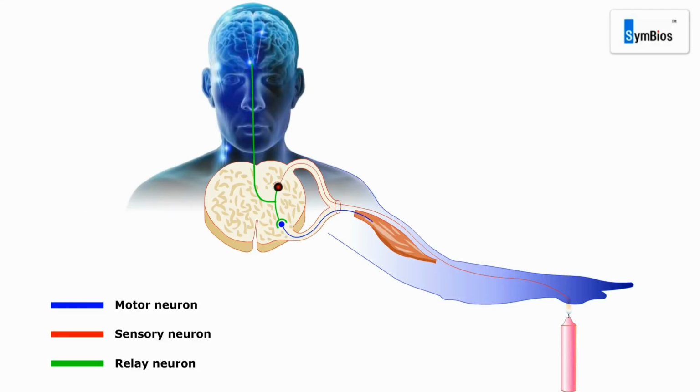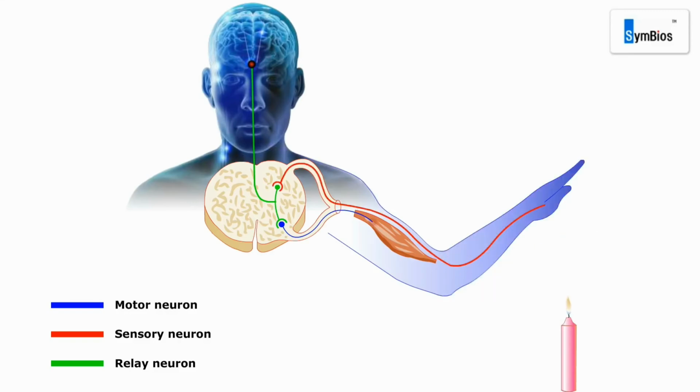The impulse is passed to the relay neuron, which is in turn passes to motor neuron. The motor neuron passes the impulse to a muscle in our arm. The muscle of arm is an effector organ, an organ such as a gland or muscle, because it responds to the stimulus.